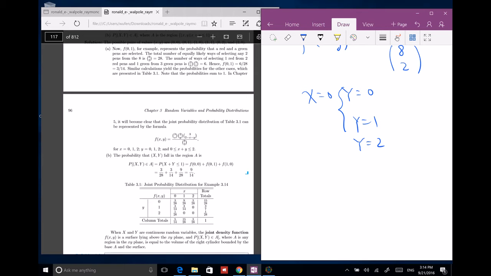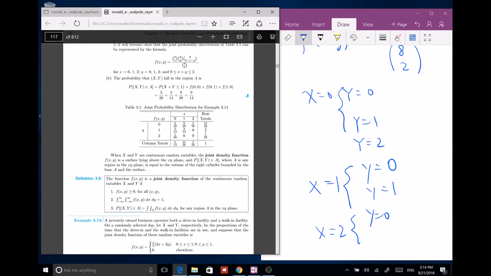Then for x equals 1, you also have y equals 0 and y equals 1. Because you only draw two pens, you can only have y up to 1 when x is 1. You can't have y equals 2 because together it has to be 2. So you find x equals 2, and then y has to be 0. Okay, so you have all the probabilities, and it's going to be a table here.